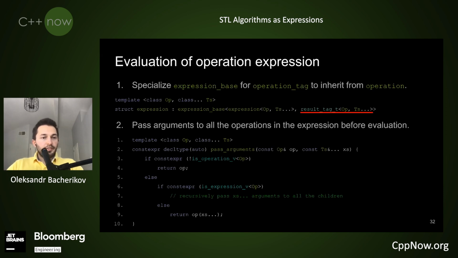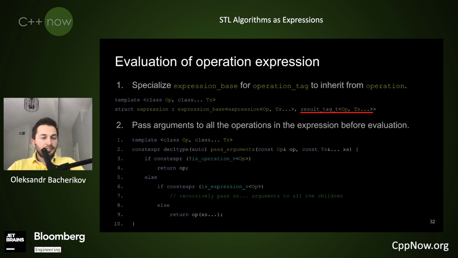Now let's continue to finish the implementation of this. Remember, in the definition of expression, we had this CRTP pattern going on with the result tag specified. So we can specialize this expression base for operation tag and inherit it from our base operation to add function call syntax to it.